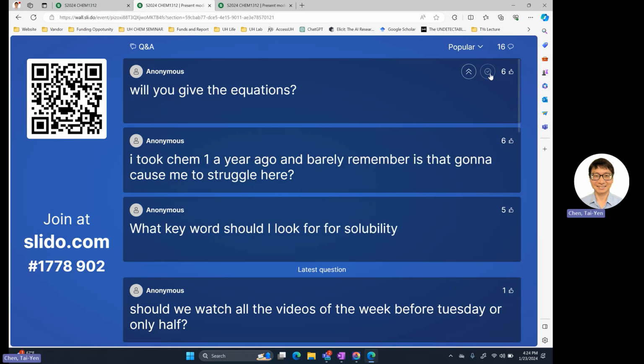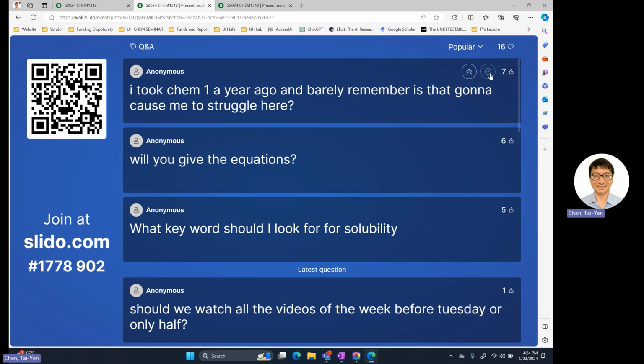Okay, ChatGPT is a language model for things like this. Chem 1 is a well-established body of knowledge. Okay, I believe ChatGPT does a really good job of explaining those things to you. Okay, the difficulty is, can you ask the correct questions, right? ChatGPT is going to become a tool that everybody should learn how to use.